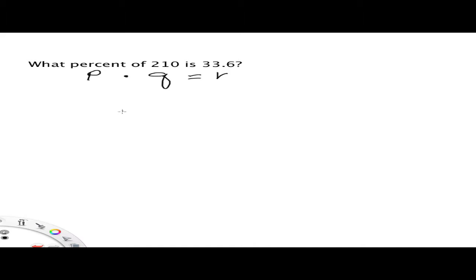So what I don't know is the P. So P times 210 equals 33.6. Now, pretty straightforward. I take the reciprocal of 210 and multiply that times both sides, or if you like, I divide both sides by 210.